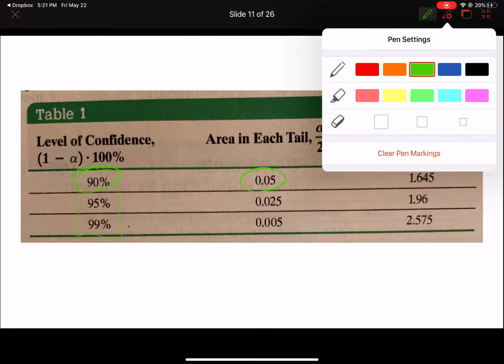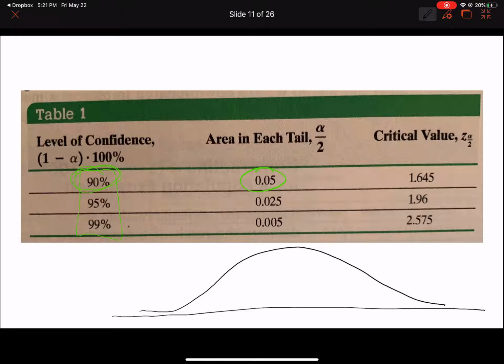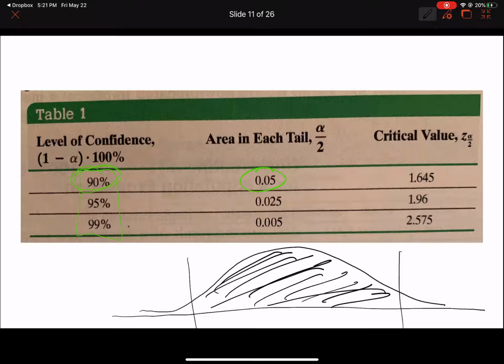So let me draw this here. This is something that a lot of people missed on the test, and so I want to make sure that I point it out. So if I have a confidence interval of 90%, we're looking at the middle 90% of our curve here. This is the area right here that is going to include our population proportion.